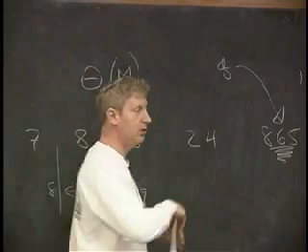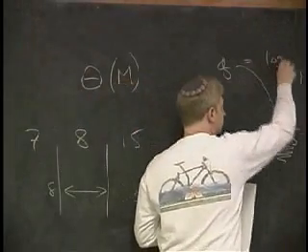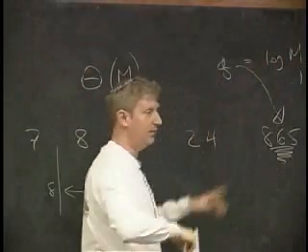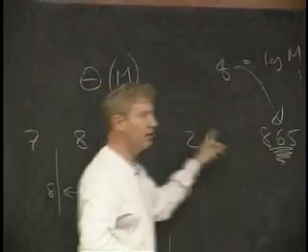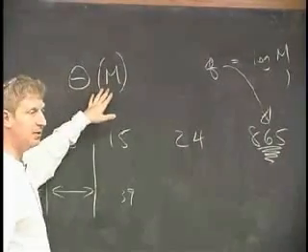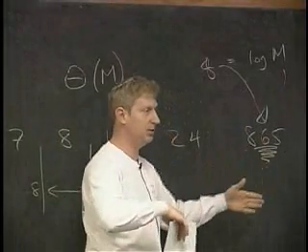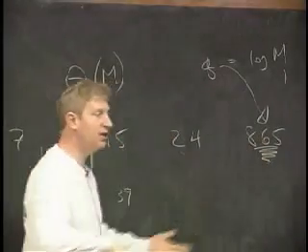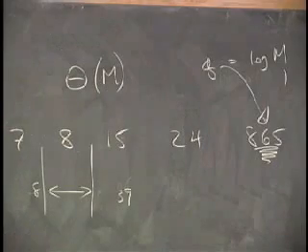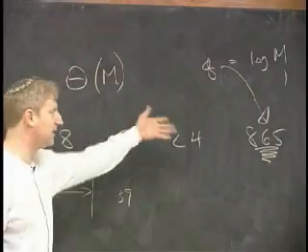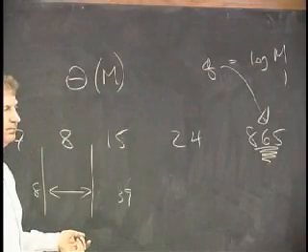How big is q? q is the logarithm of m. It's the number of digits in the number. So if I have an algorithm that runs in order m, that's exponential in the size of this number, in the size of the input. So we'd still think of it as being a bad algorithm. It's linear in something, but that something is not what we normally put in.